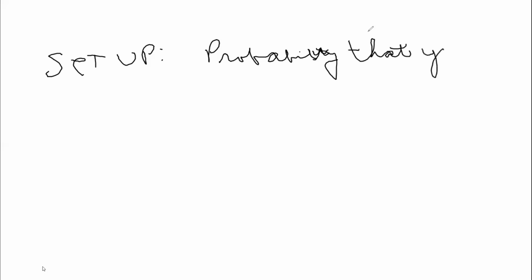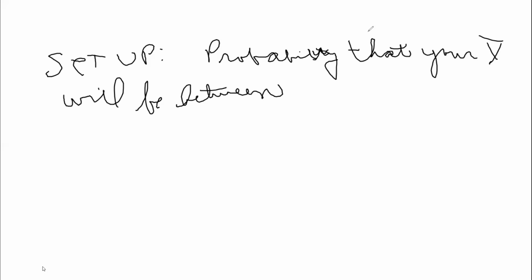Probability, this is how you write it out. Probability, and I'm going to write it in longhand. Those of you that are under 50 years old will have no idea what I'm writing, so I'll spell it, I'll say it out. Probability that your X bar, you should know what that means from reading the chapter, average, will be between 69 inches and 71 inches.